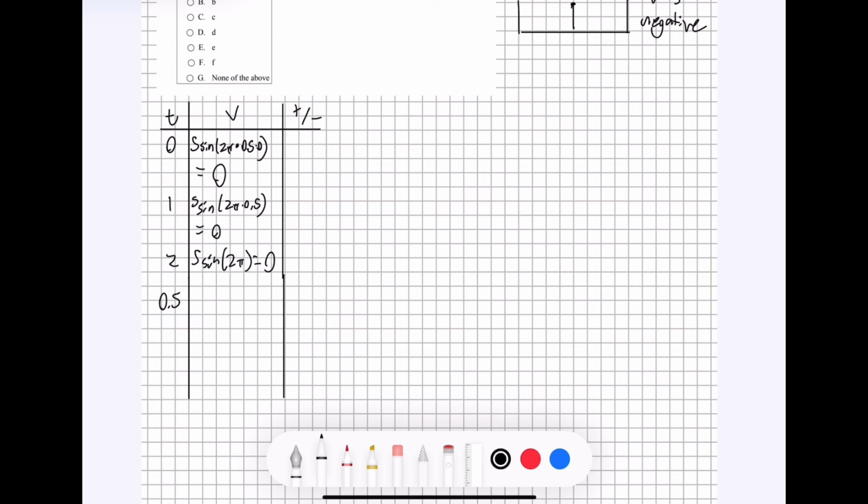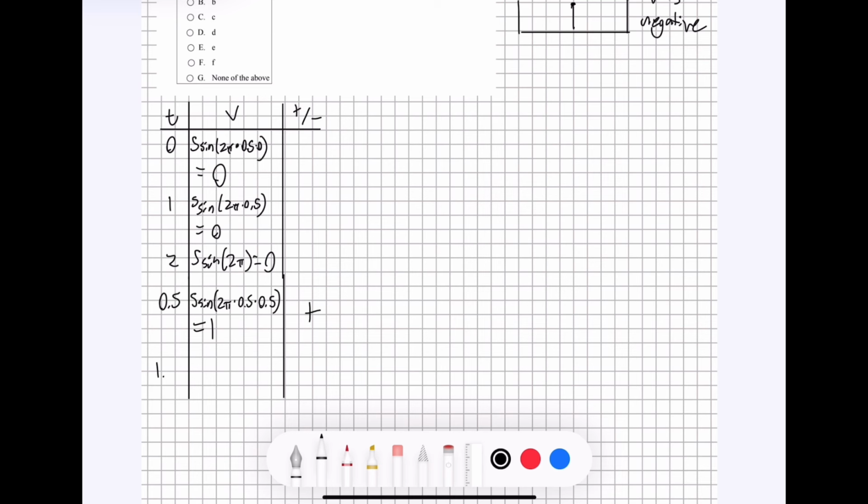For 0.5, 5 sine of 2 pi times 0.5 times 0.5, if we calculate that, is essentially the same as sine of pi over 2, and that is going to be equal to 1. And that means that this value is positive.